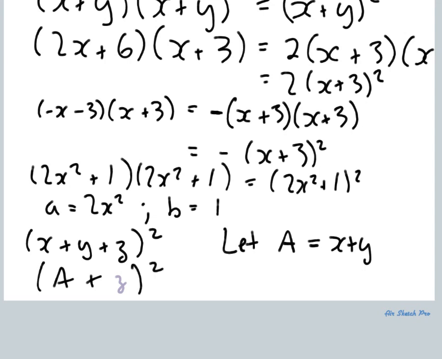So by letting A equal x plus y, I now have A plus z all squared. And now it is in the format of a perfect square.